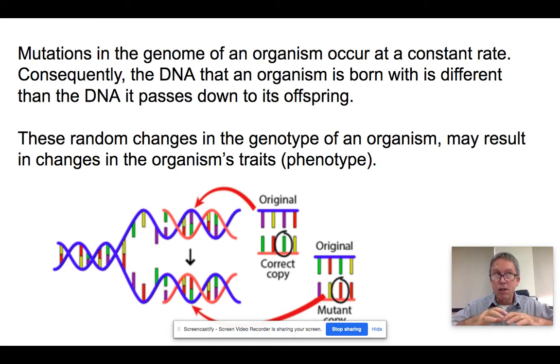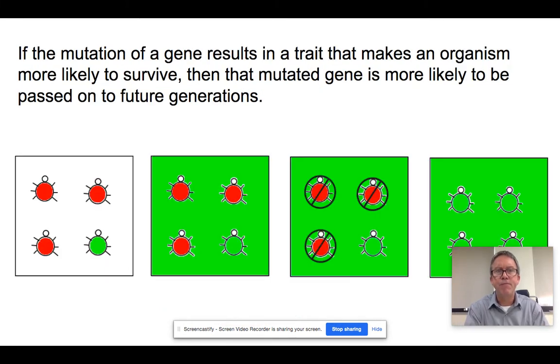Evolution is just the gradual change in the genetic makeup of organisms over time as a result of a combination of random mutations and what we call selective pressures, which make advantageous genes more likely to be found in the population and disadvantageous genes to be less likely to be found.